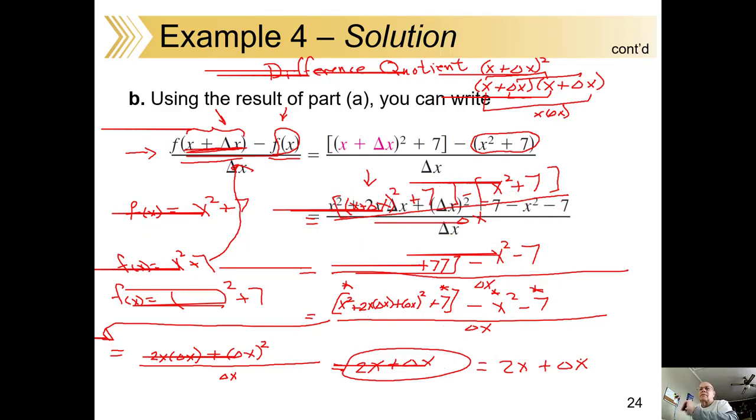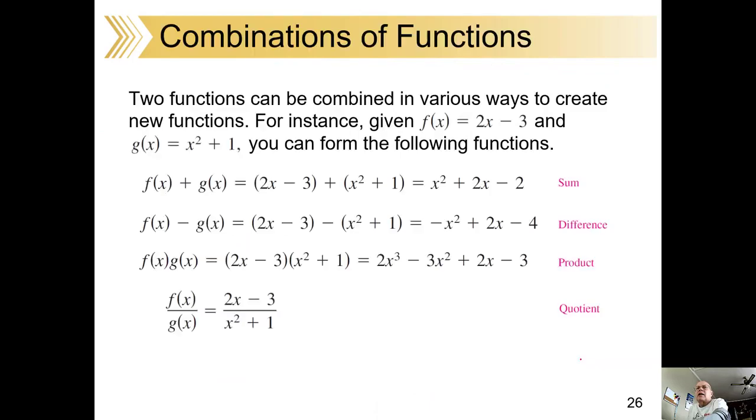Okay, let's keep going. We went through all that. Combinations of functions. Now things get easy for a while. I know this is getting long, so hit the pause button, go get something to eat or drink or whatever, come back, start up again. Not at the beginning.